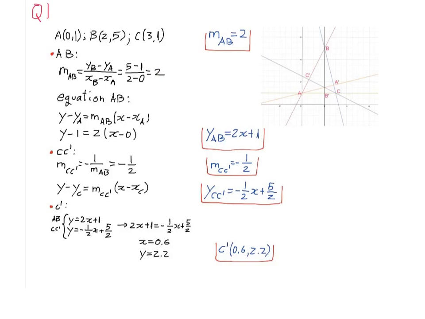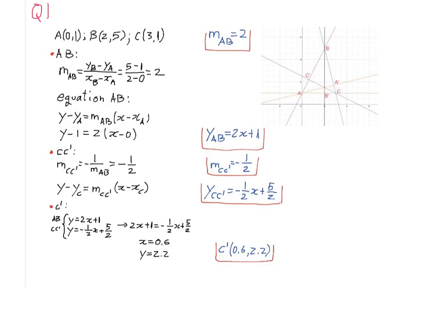And before that we could get the equation of AB, knowing that the gradient of AB is 2, using the formula to find the equation of a line, which is y minus yA is equal to the gradient of the line times x minus xA. We can use either of the coordinates of A, or we could just as well use B, because both points A and B are on line AB.